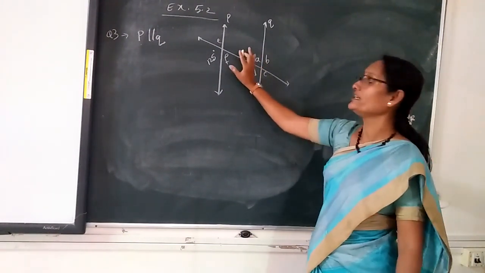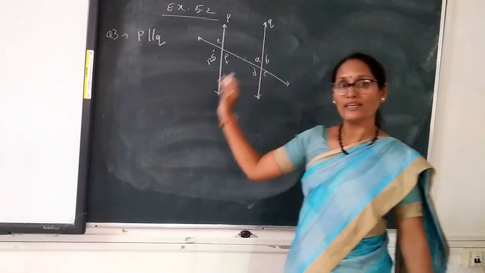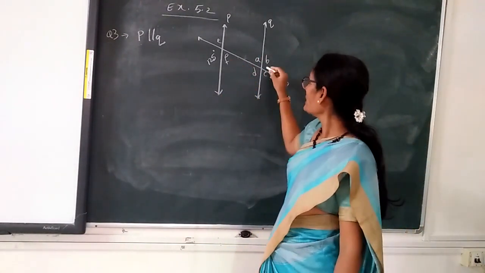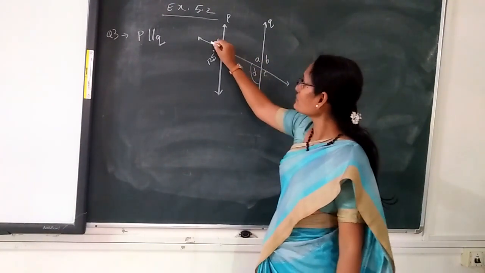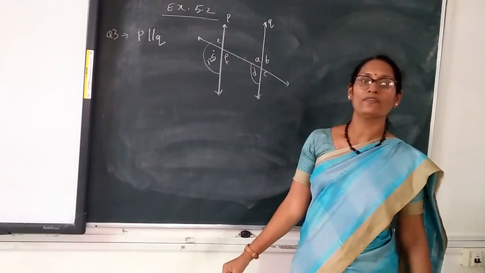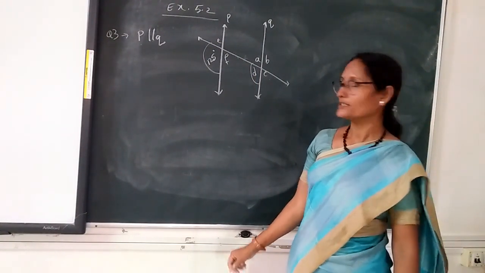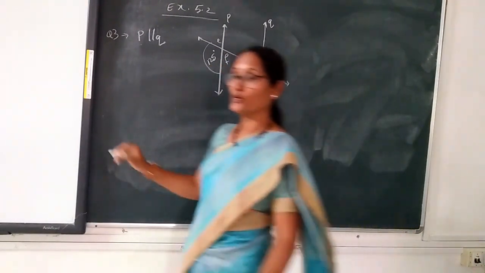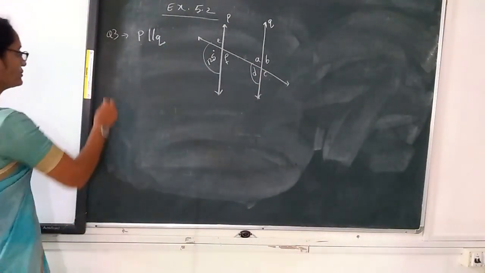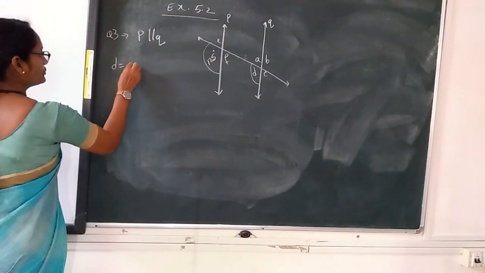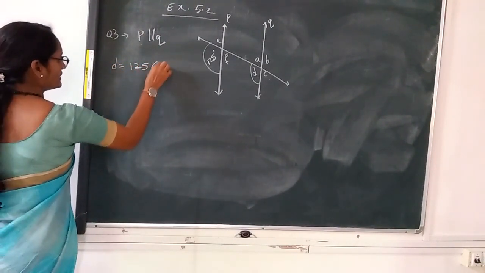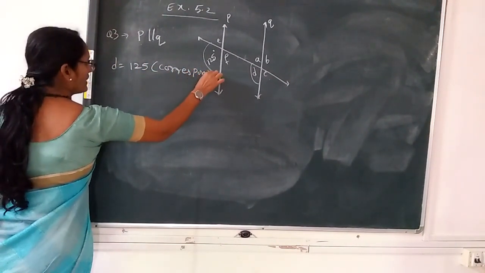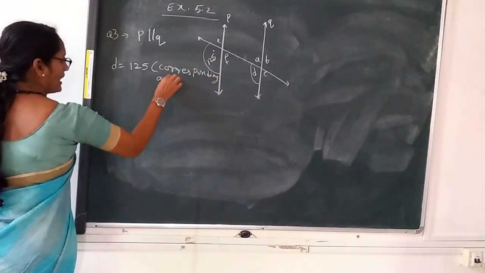Now for finding out these values, till now whatever I have explained you, you have to use those drawings. For example, if you observe B and this 125, which type of angles are they? Corresponding angles. So the value of B will be equal to 125, and you have to give the reason. So B is equal to 125, reason: corresponding angle.